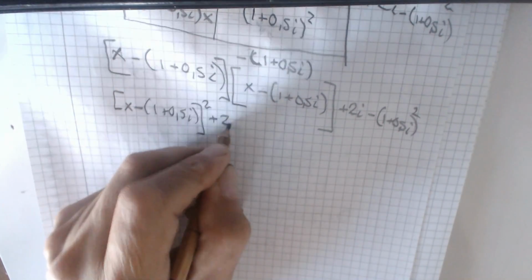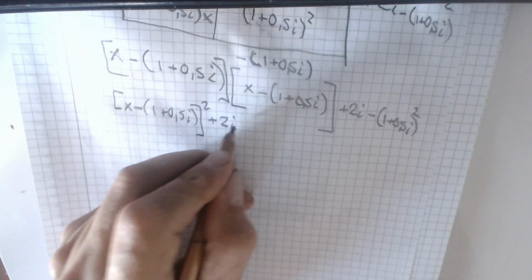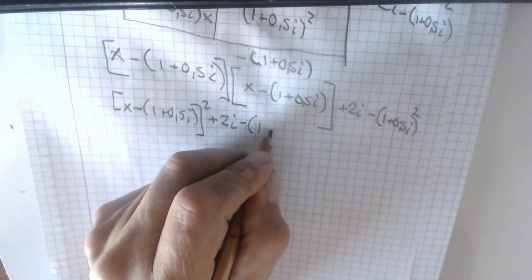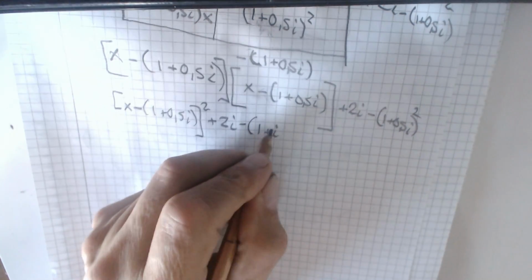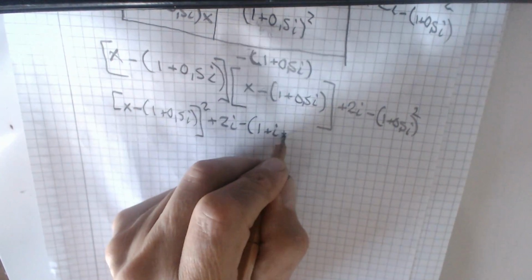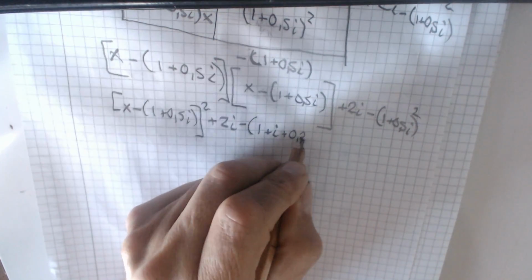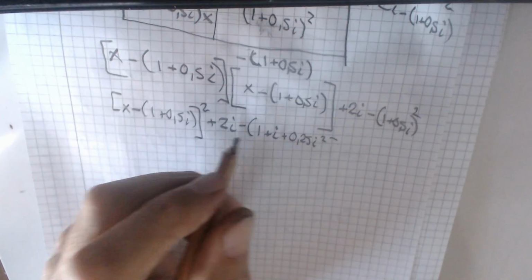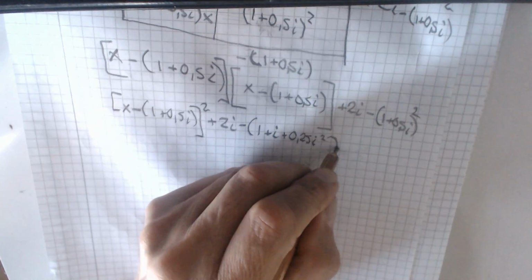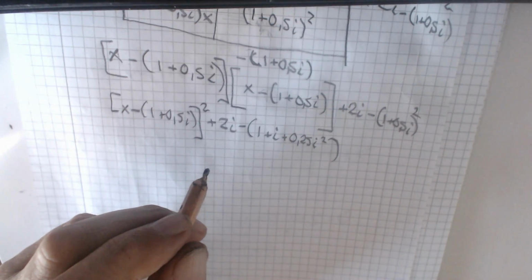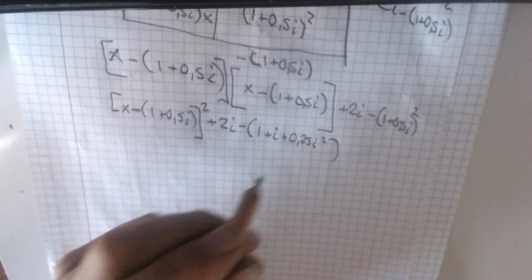plus 2i minus (1 plus i) plus 0.25i squared equals 0.